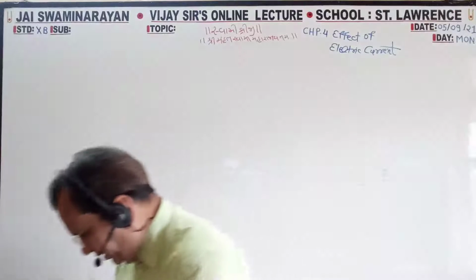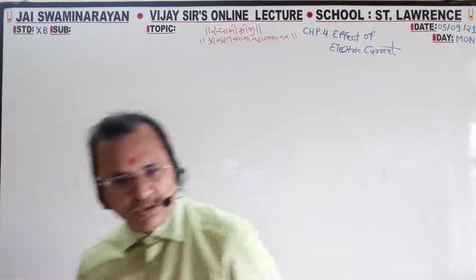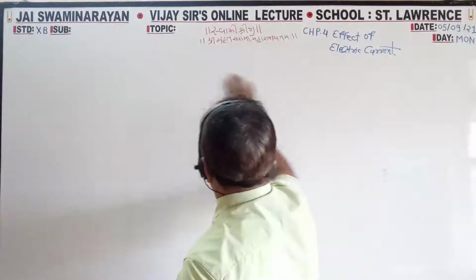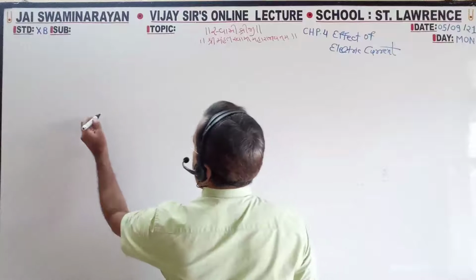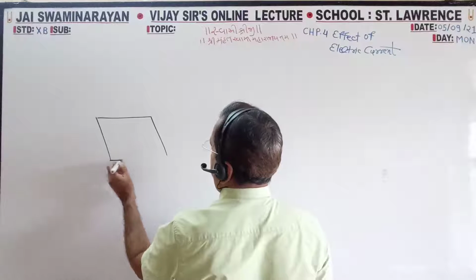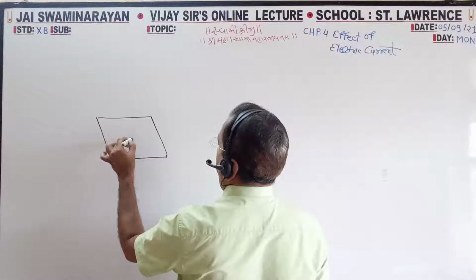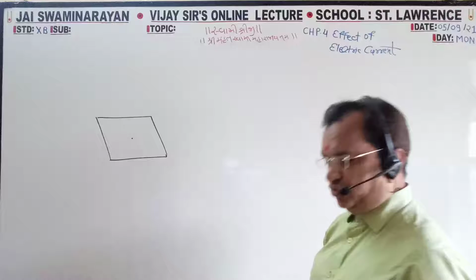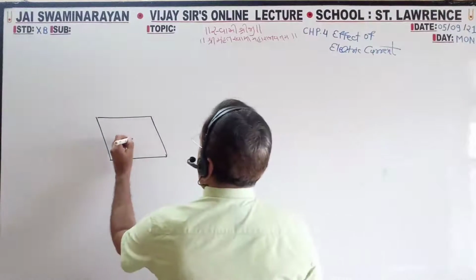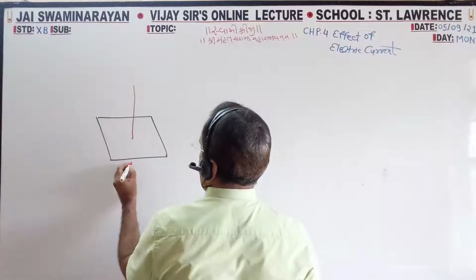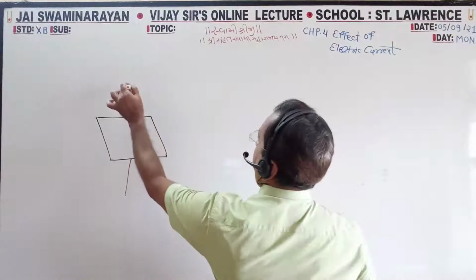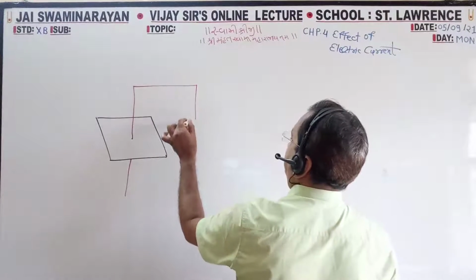Now a very important part, that will then be divided into two more parts. Take a cardboard, make a hole, and through that pass a conducting wire, and it is connected with the battery.